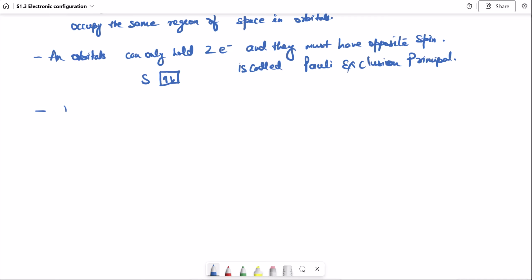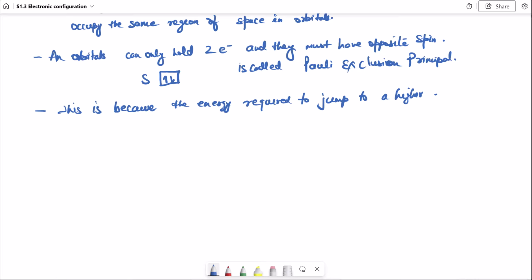You can mention that this is because the energy required to jump to a higher empty orbital is greater than the inner electron repulsion, right?